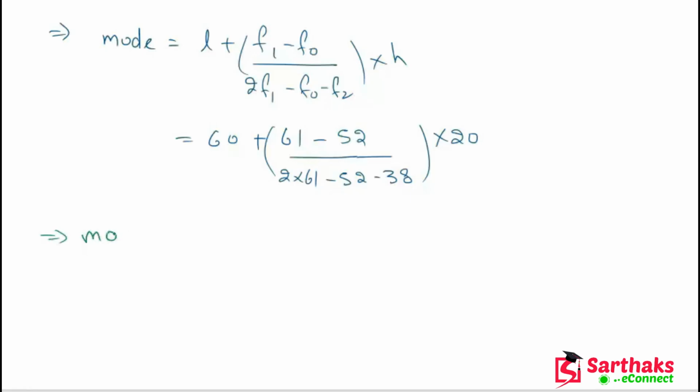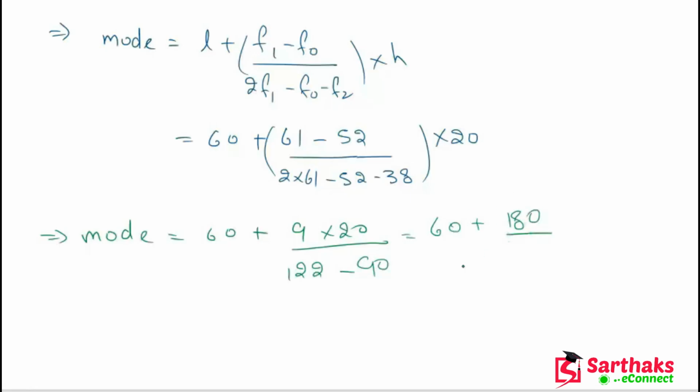So mode is equal to 60 plus, this will become 9, and we have into 20, divided by 122 minus, if we solve this we get 90. So we have 60 plus 180 divided by 32.